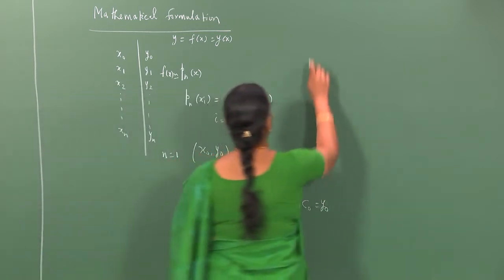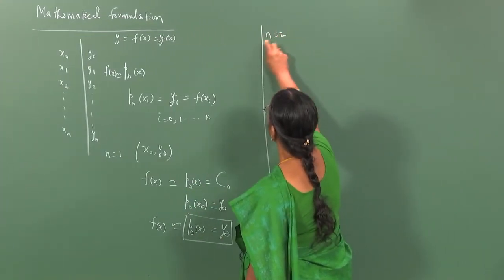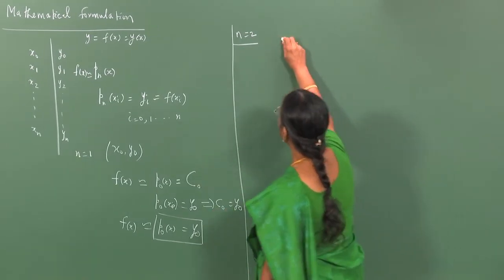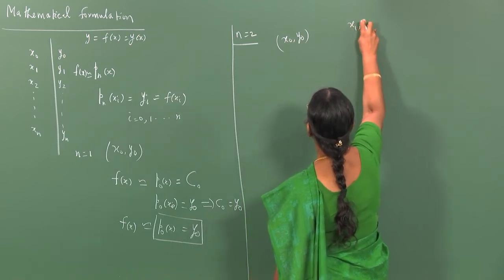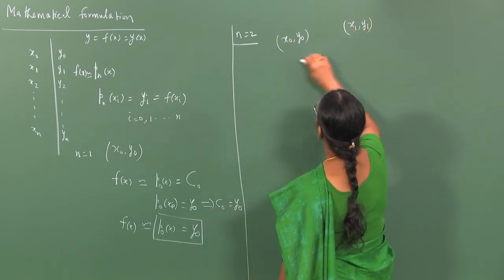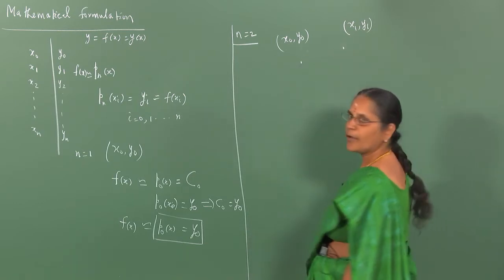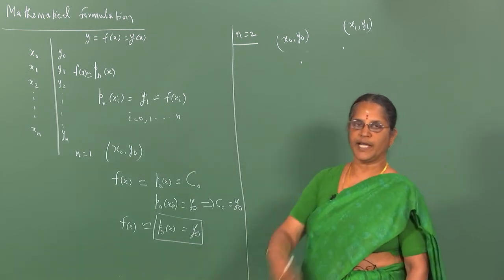That is fine. What happens say if n is equal to 2? Let us understand first. When n is equal to 2, we are given information at 2 points x0, x1, corresponding values are y0 and y1. Say these are the 2 points. Then I want a polynomial.